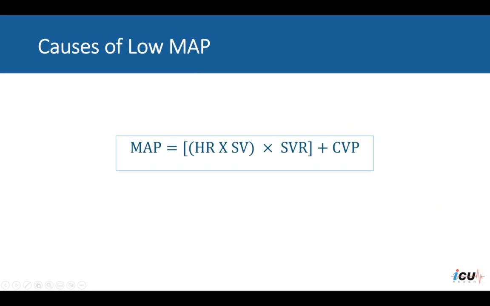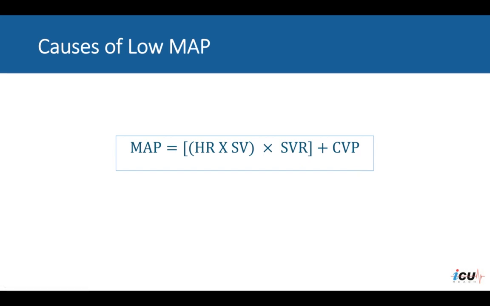In the formula that we all know about the mean arterial pressure, it is the heart rate multiplied by the stroke volume, which is the cardiac output, multiplied by systemic vascular resistance, of course, plus central venous pressure.